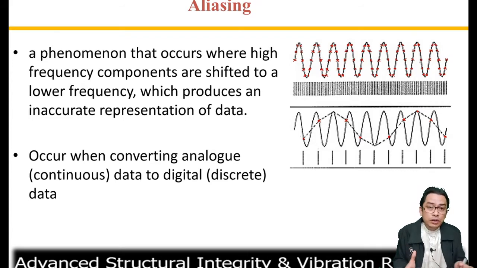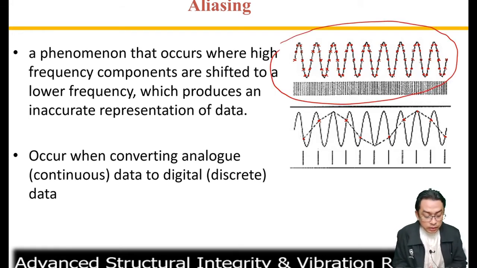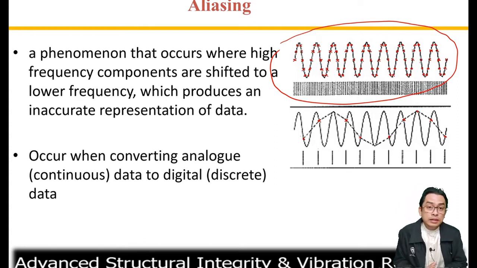So how can we avoid this? First we need to see the phenomenon. If you look at the figure, let's say we have the top figure. If we sample it right, we can represent the signal correctly. Let's say the red dots are the samples.